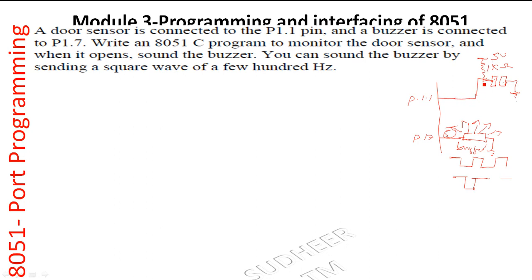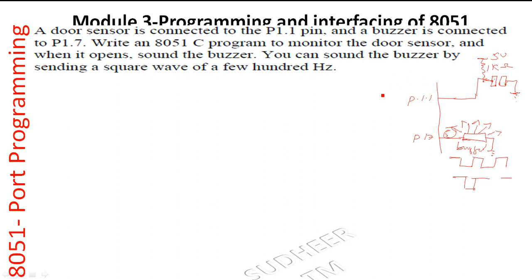It will be 5 volts. When you close the circuit, these two metals come in contact, so the ground comes here, and the voltage available to P1.1 will be 0.